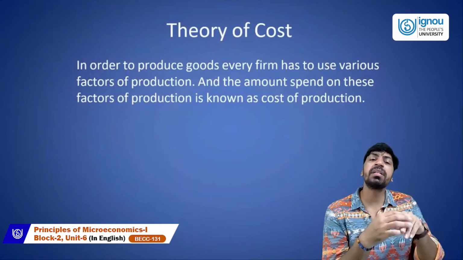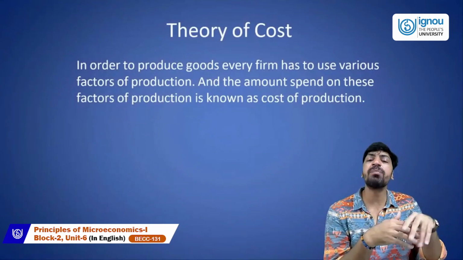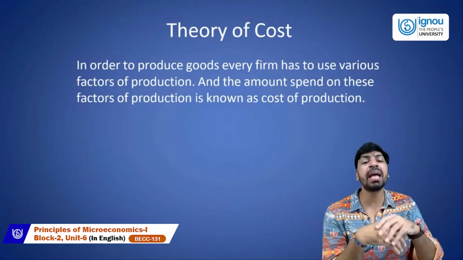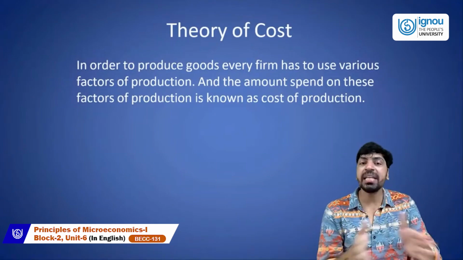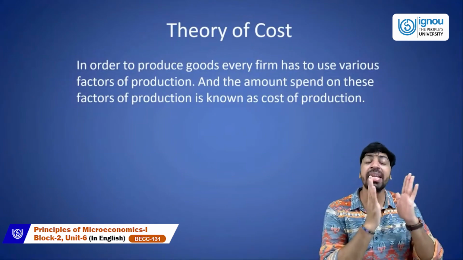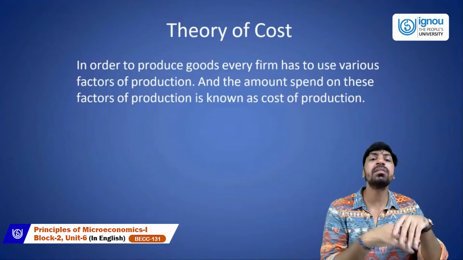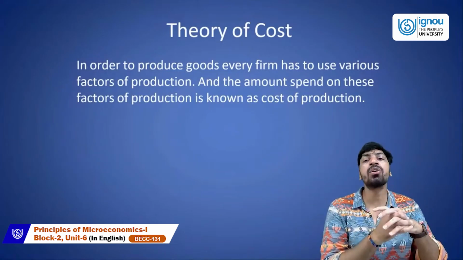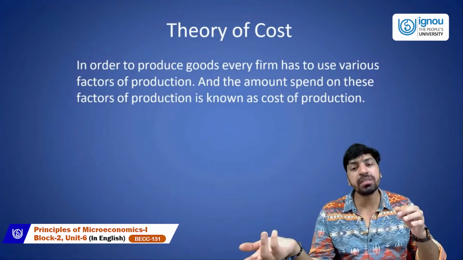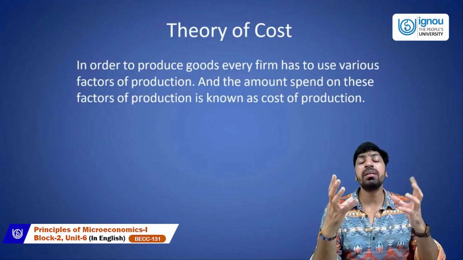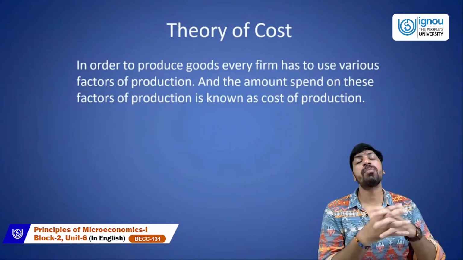When the firm or the seller spends some amount on these factors of production, be it land, labor, capital, technology, organization, or enterprise, that is exactly called the cost of production. So if any firm spends a certain amount of money on these factors to produce goods for the market and sell them to ultimate consumers, that spending amount is called the cost of production.